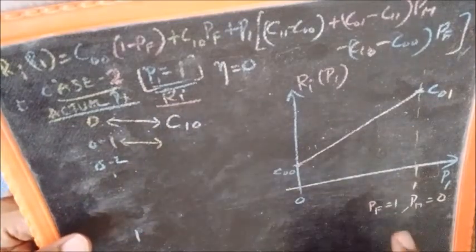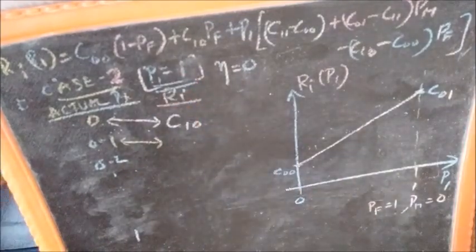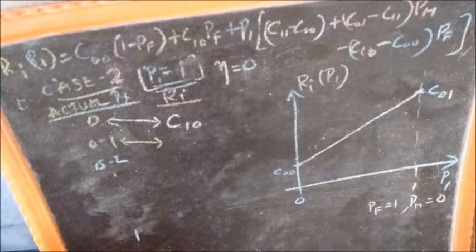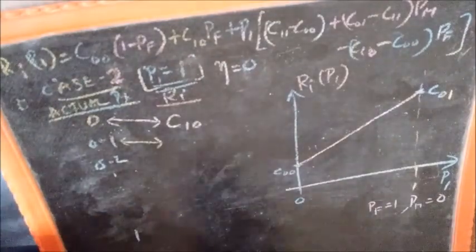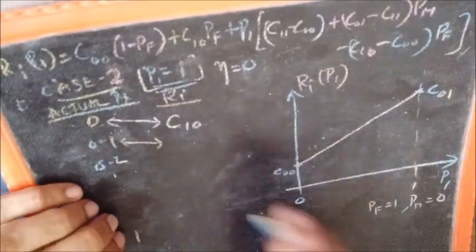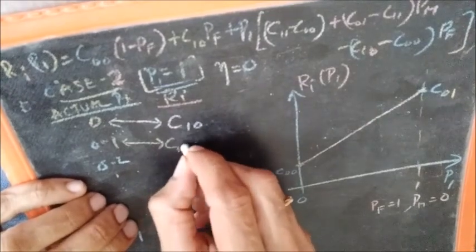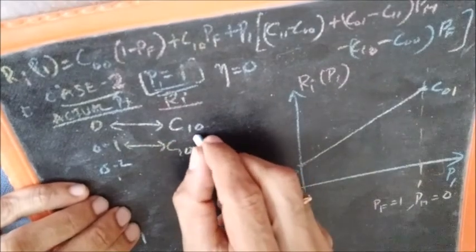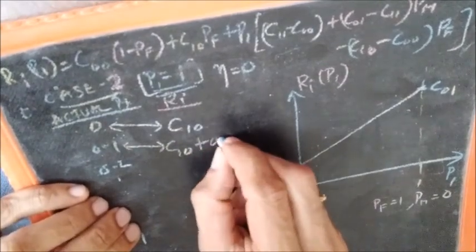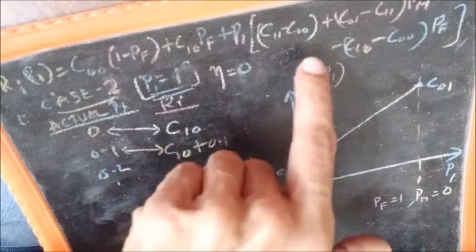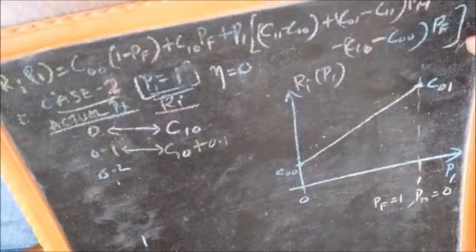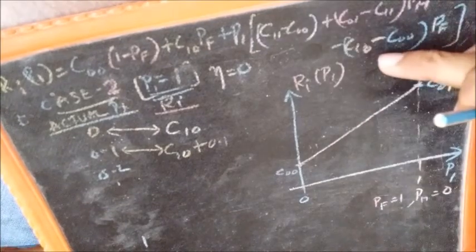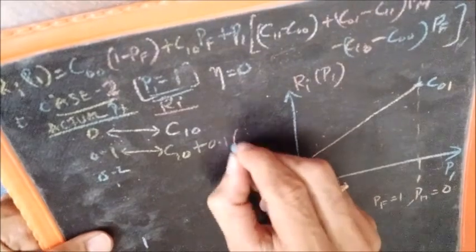PF remains 1, because as I told earlier, PF and PM never depend on P1. They depend only on the threshold you have set, and that is preset now. So when P1 is 0.1, this term will remain the same because PF is 1, C10 plus 0.1, and then PM is 0, PF is 1, and C00 cancels off, and you will have C11 minus C10.